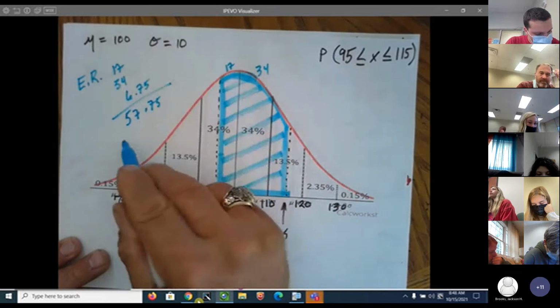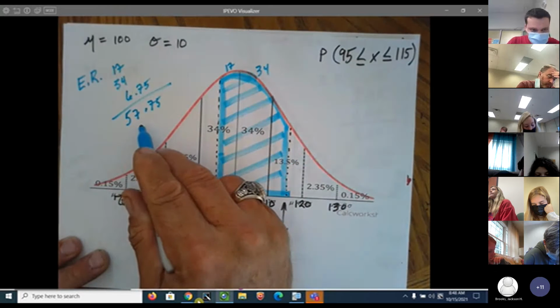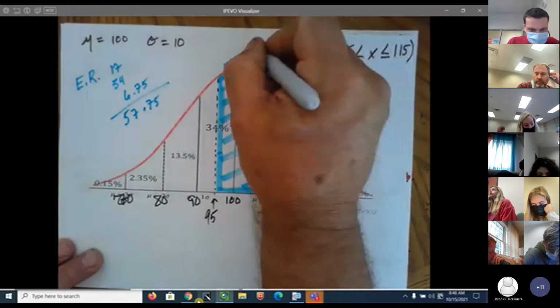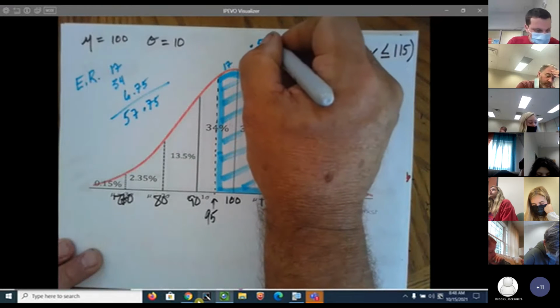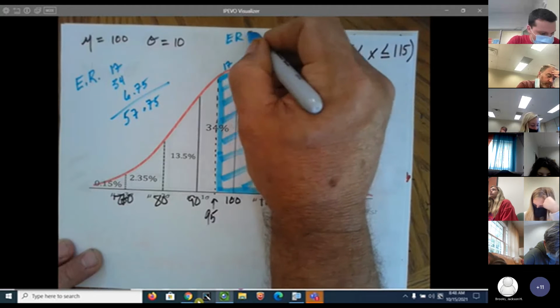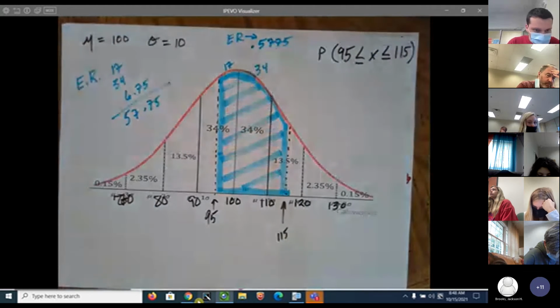Y'all check my math. I get 57.75. So the empirical rule says 0.5775. So our answer should be around 55 to 58%, somewhere in there.